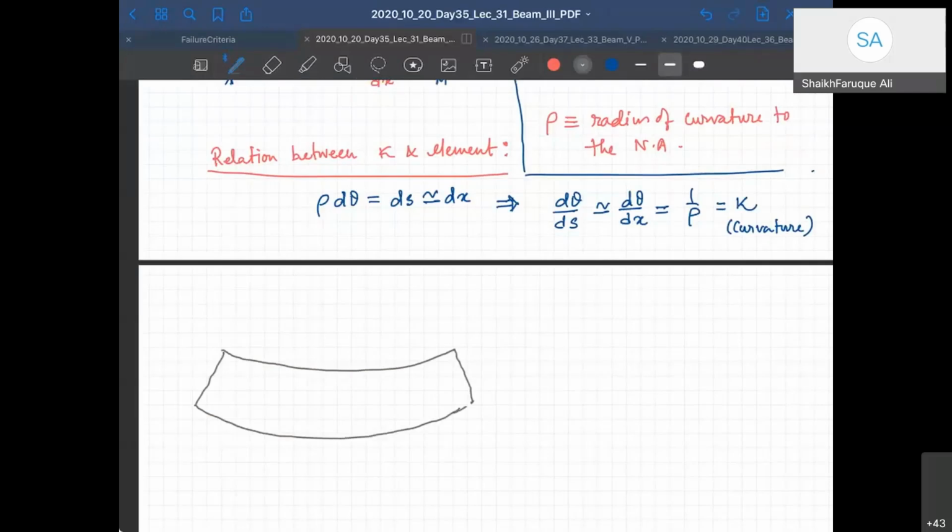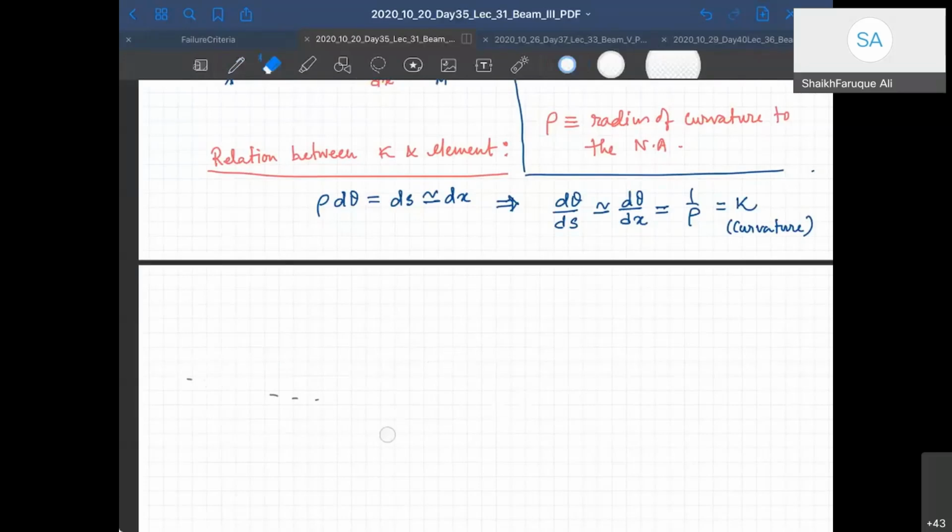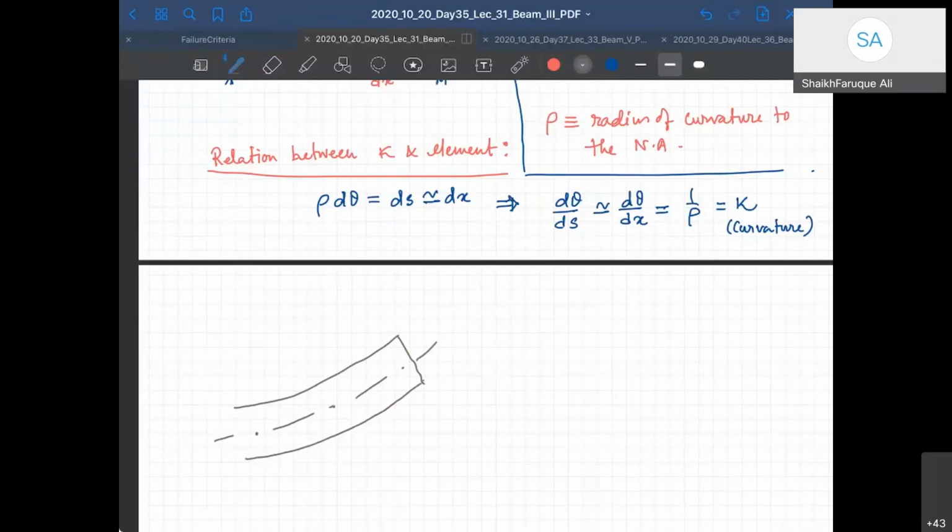Let's say this is the bent portion of the beam. We have not drawn a simply supported beam. That's not a good idea to draw it here. You will get confused when you see it later. So let's say we have the beam like this. That's my neutral axis, and that's the depth of the beam.